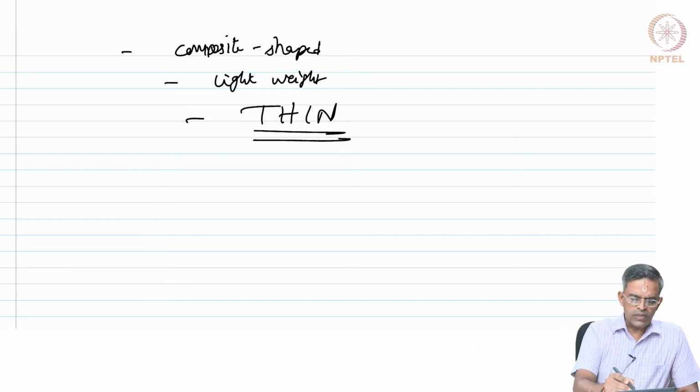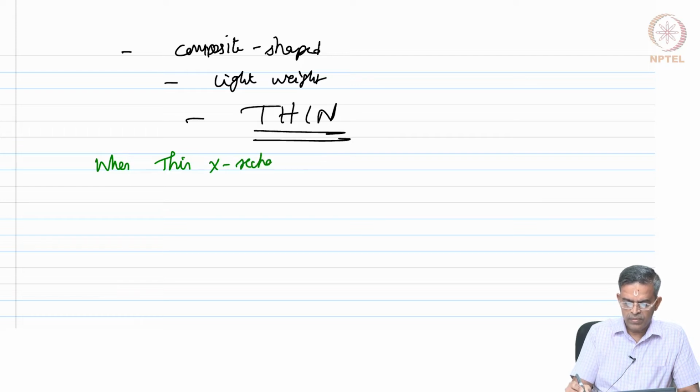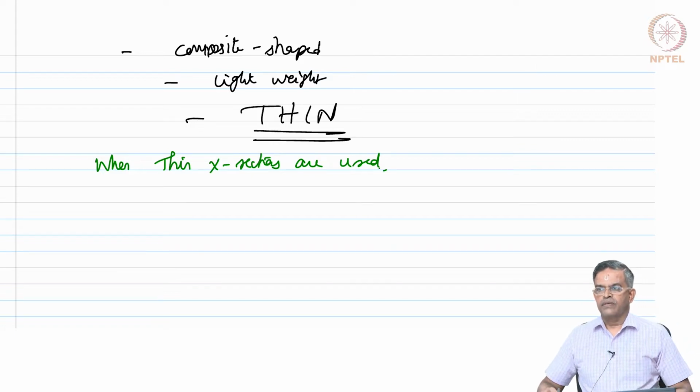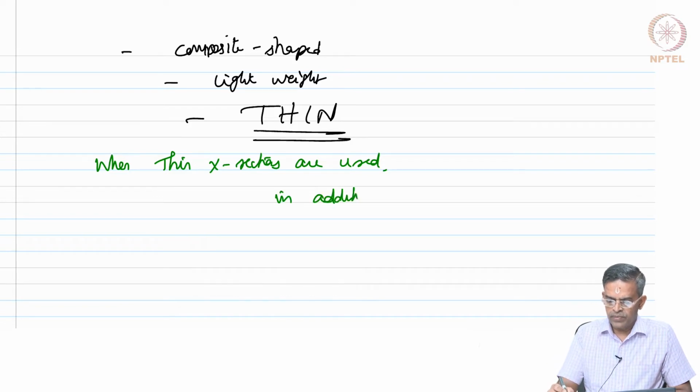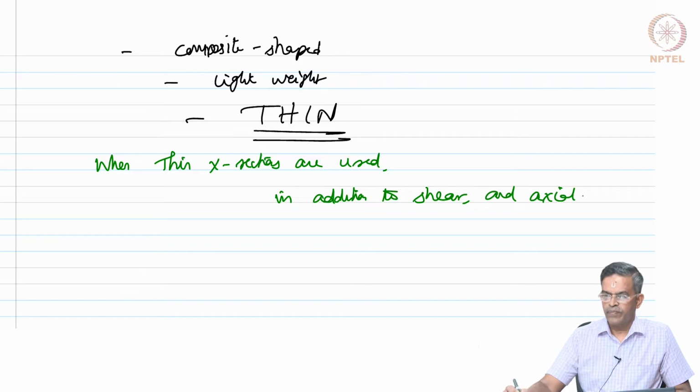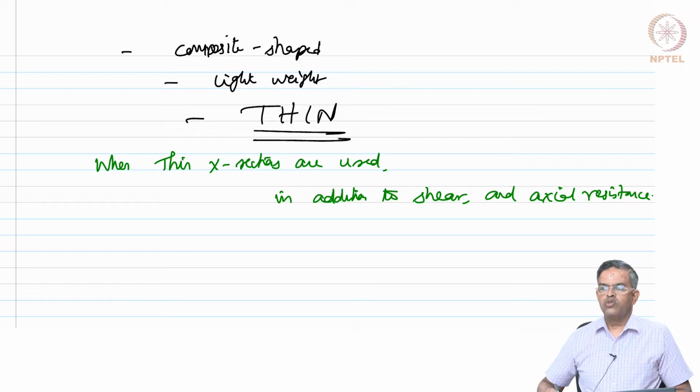When we talk about thin cross sections, there is a complexity. In addition to shear and axial resistance, other parameters should also be checked for design of steel beams and columns when you use thin sections.